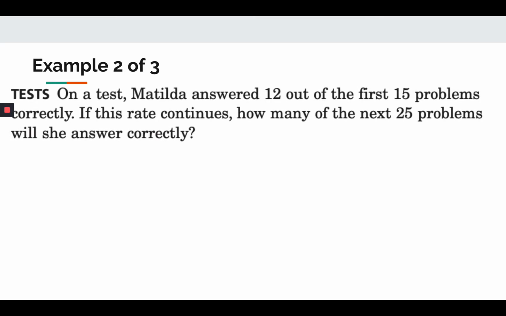On a test, Matilda answered 12 out of the first 15 problems correctly. If this rate continues, how many of the next 25 problems will she answer correctly? Again, I'm going to pause for about 5 seconds for those people who want to pause their video before I take you into the solution. Great.